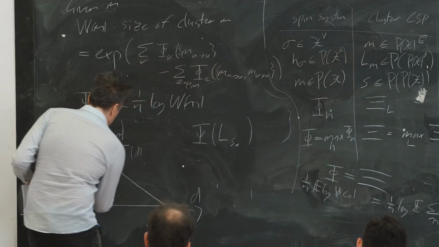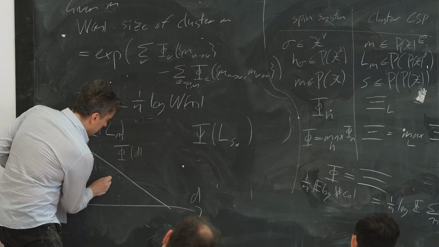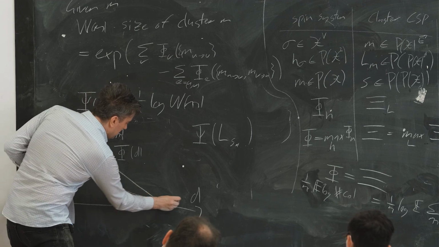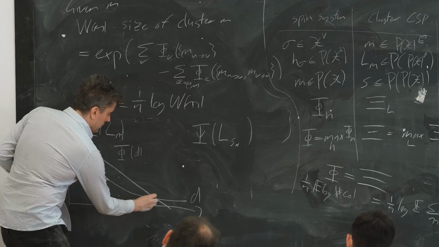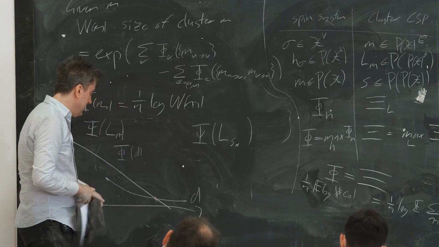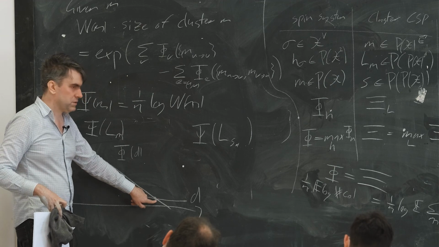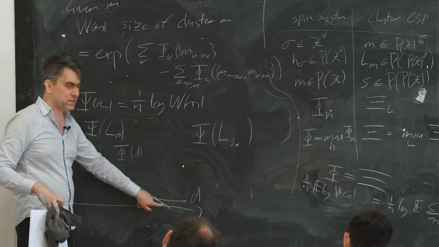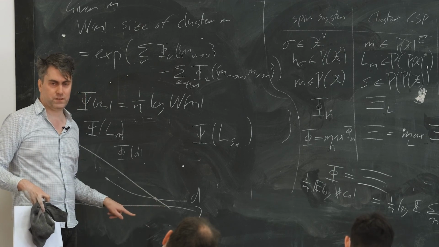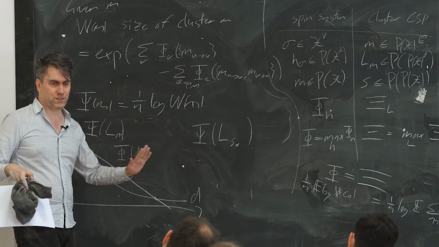It only makes sense once we're, say, above the freezing threshold here, and it will be decreasing as well, and it will look something like this. So there will be a point here where the size of a typical cluster becomes bigger than the total number of solutions. And that should set off alarm bells.